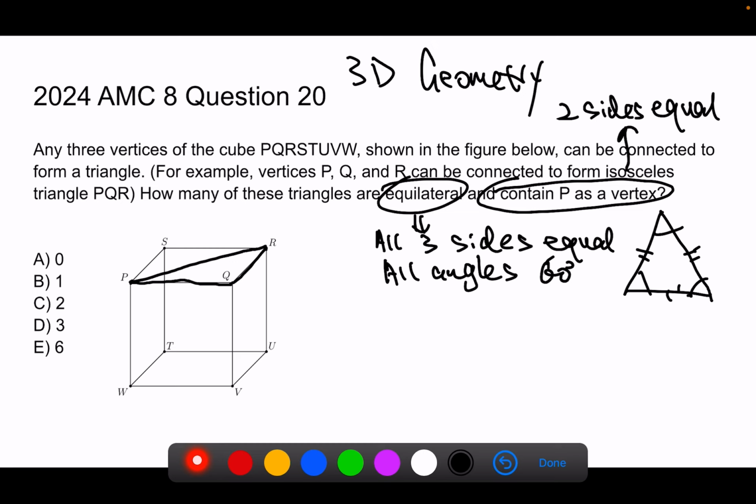So PQR apparently doesn't work because PQ equals QR, but PR is a diagonal, which is longer than the other two, so it doesn't work. And you may be able to quickly find PQW, PQV, or PST, PSR, none of them works. Because for each of them, you would get the side lengths of a square, like PS.